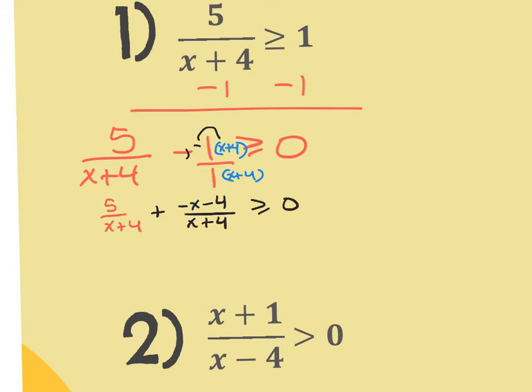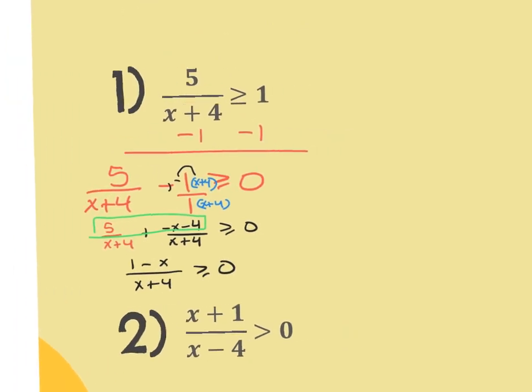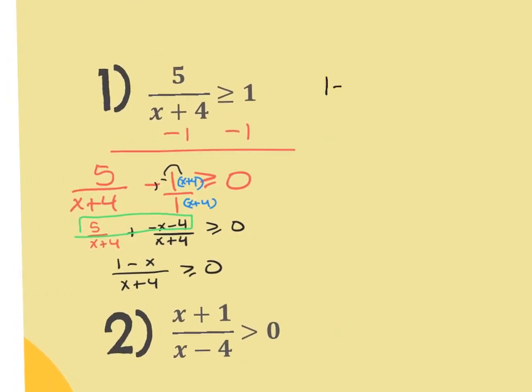Now that I have a common denominator, I need to combine my like terms in the numerator. So I'm going to do 5 minus 4, and I get 1 minus x over x plus 4. Now I have a single fraction. Now I'm going to take the numerator, set it equal to 0, and take the denominator, set it equal to 0.